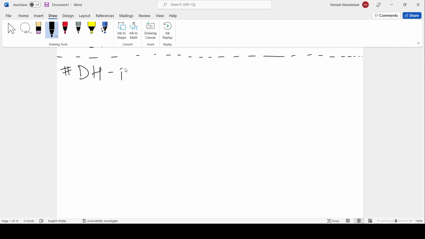Okay, so DH stands for Denavit-Hartenberg parameters. These are just the names of the people who devised these parameters.